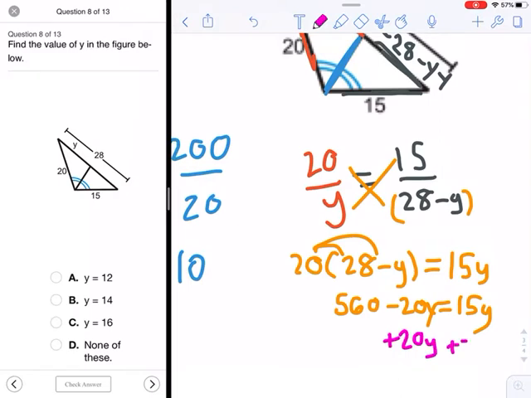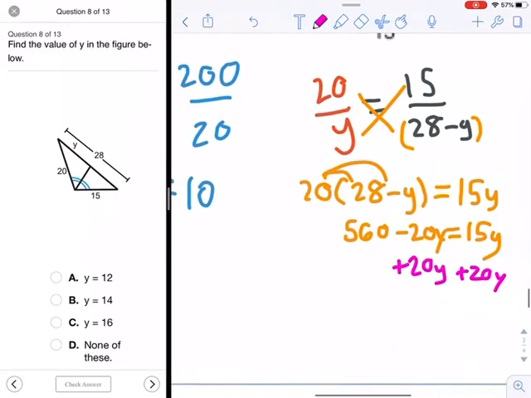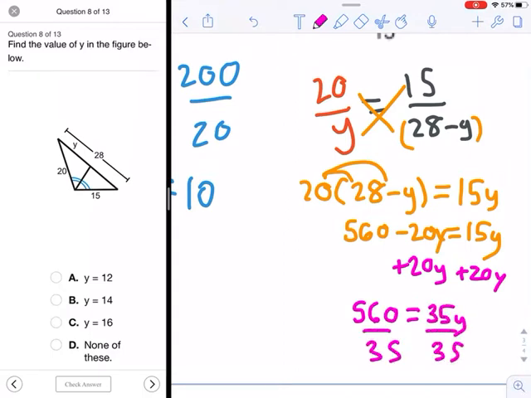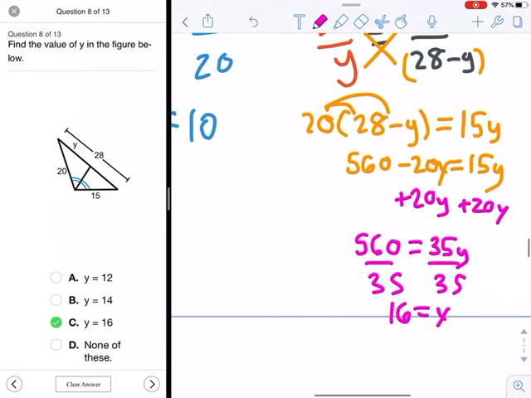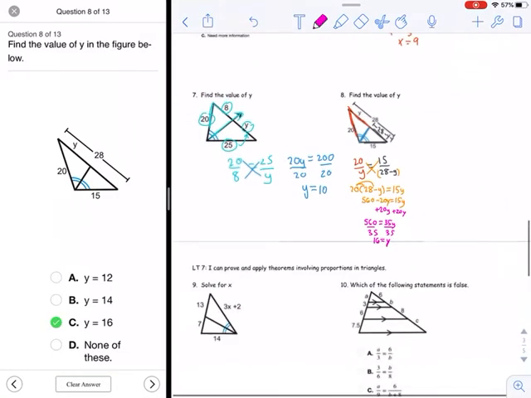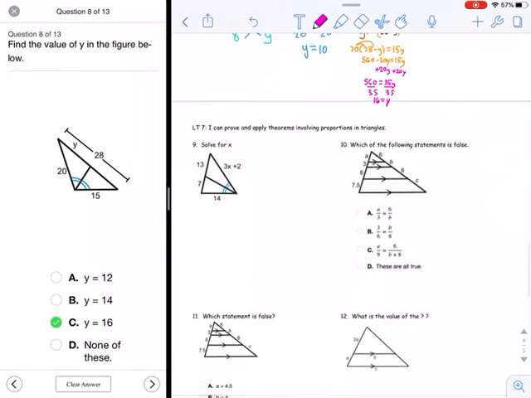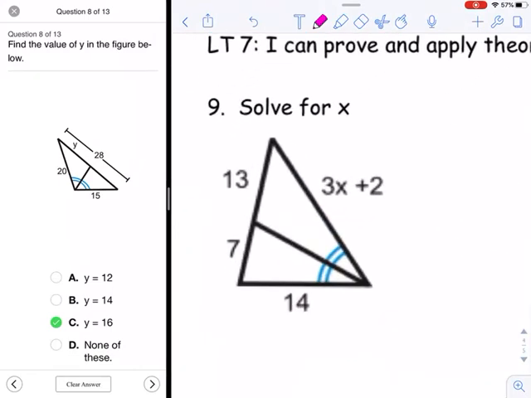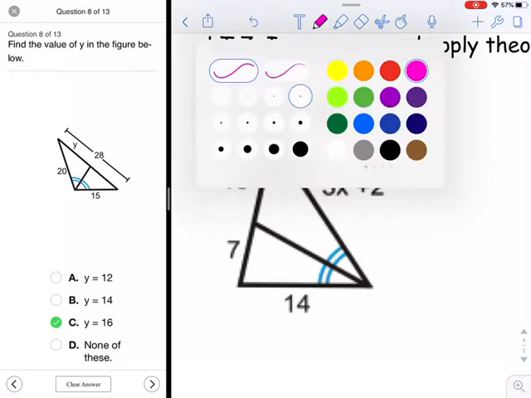Add 20y to both sides. 560 equals 35y. Divide both sides by 35. And 16 will equal y. And that's the answer. Yippee. Okay, keep on cruising right along.